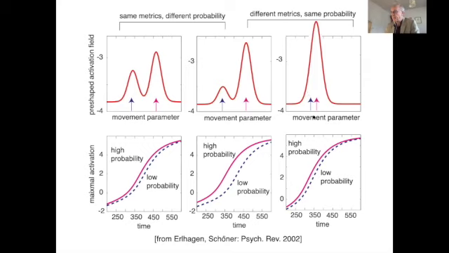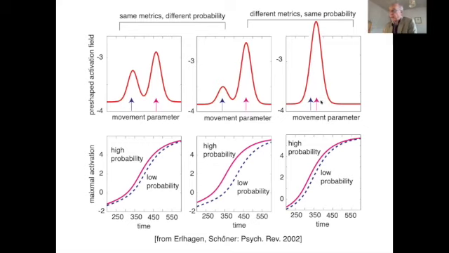And lo and behold, you see that now the probability effect is gone. The difference between the low and the high probability in this case is just the same as when the difference in probability was much weaker. Now we have the same probability difference here, but the effect is like when the probability difference was weaker. And that's just caused by the neighboring choice.